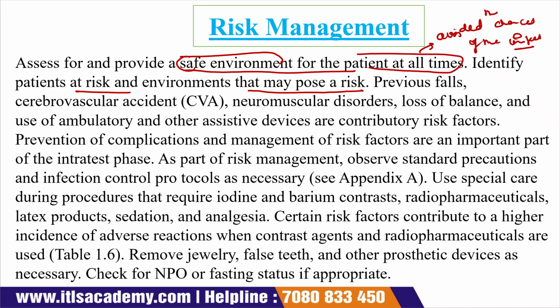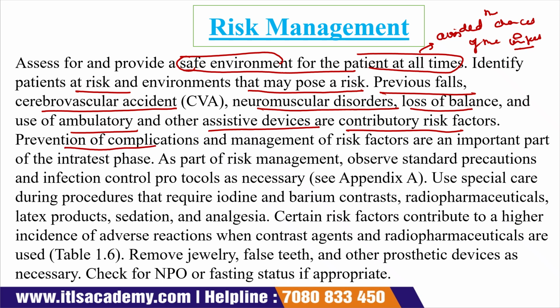Previous falls, cerebrovascular accident, neuromuscular disorder, loss of balance, and use of ambulatory and assistive devices are contributory risk factors. So these are: previous falls, cerebrovascular accident, that is also known as CVA, neuromuscular disorders, loss of balance, and also the use of ambulatory and other assistive devices. They contribute to the risk factor.